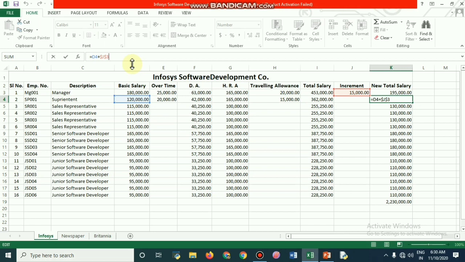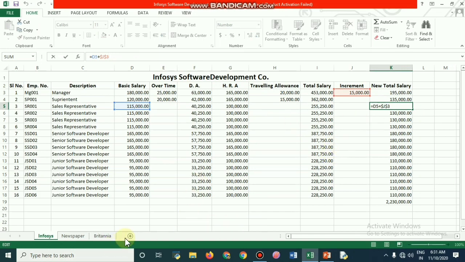D4 changed, but J3, when you put a dollar sign in front of J3, it won't change, but the formula takes the value which is there in the cell address J3. Okay, here in the third stage, you will get the same thing.